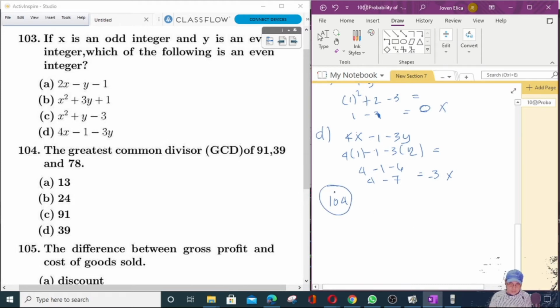This is easy for elementary teachers and high school. The greatest common divisor of 91, 39, and 78 is, or how we can get the divisor.